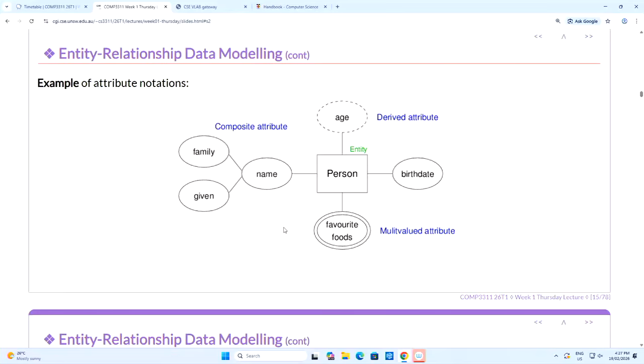And favorite food has a double oval because it is what is called a multi-valued attribute. Human beings are so complicated. We have too many favorite foods; we cannot just pick one. My favorite food is Chinese, Italian, and maybe Turkish. So I have three favorite foods.